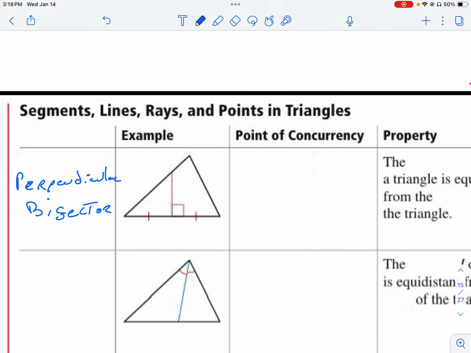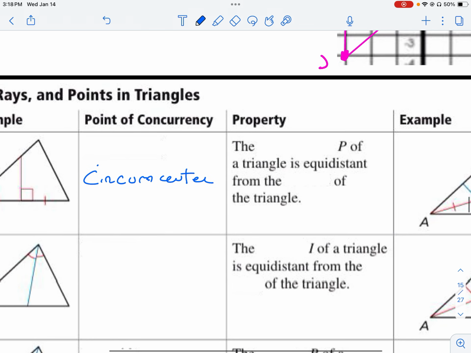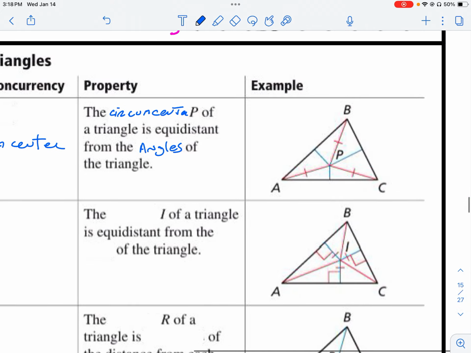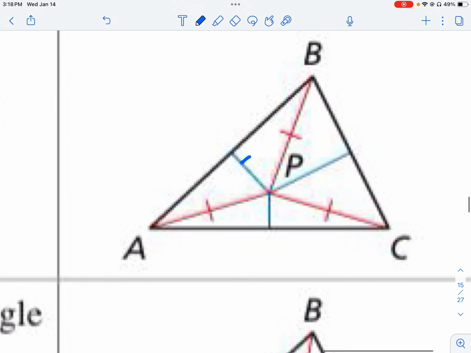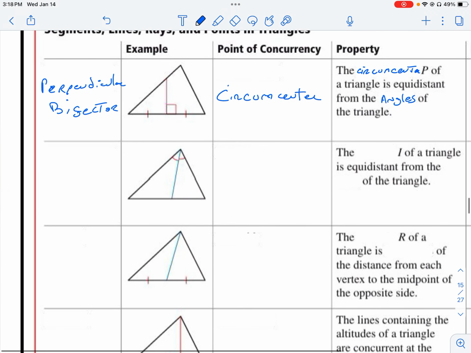Perpendicular bisectors are concurrent at the circumcenter. And the circumcenter, P, of a triangle is equidistant from the vertices of a triangle. That's what that diagram looks like.